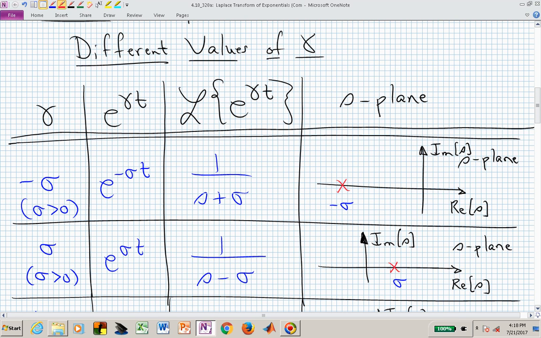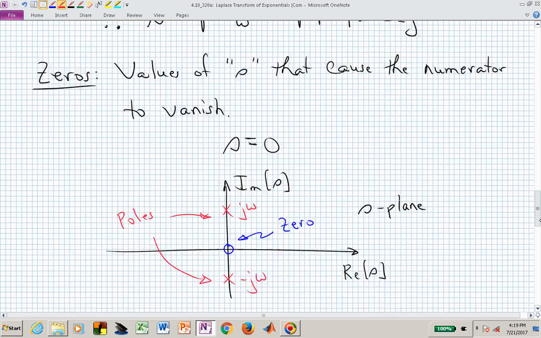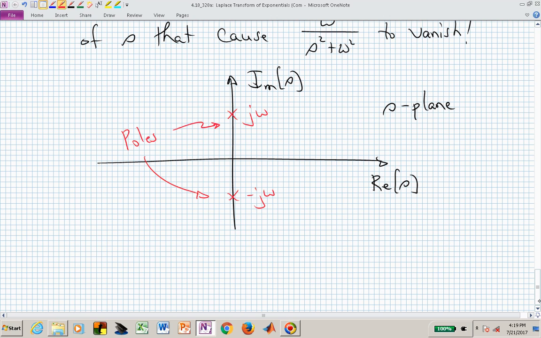That pole is in the left half plane on the real axis, one corresponding to an unbounded exponential, which results in a pole in the right half plane on the real axis. And we'll continue, hopefully, to become comfortable with those concepts as we move throughout the course.